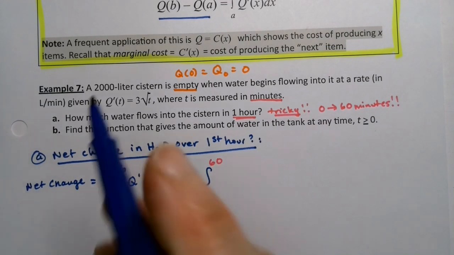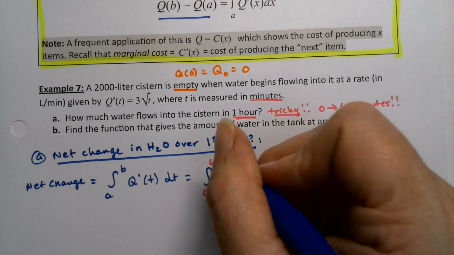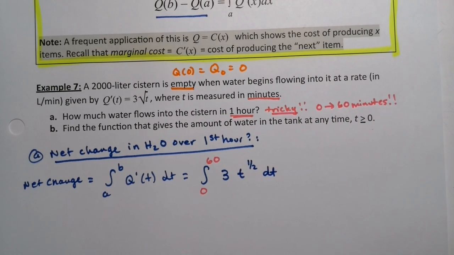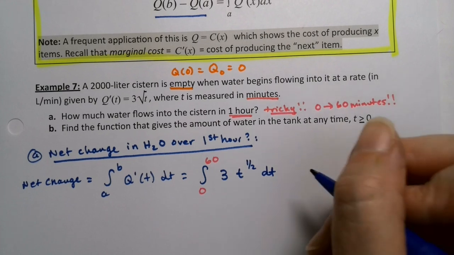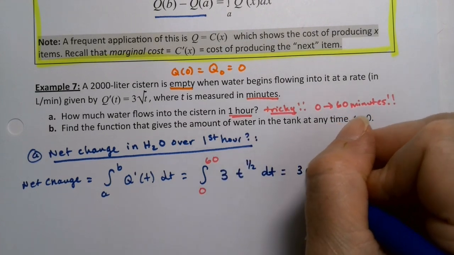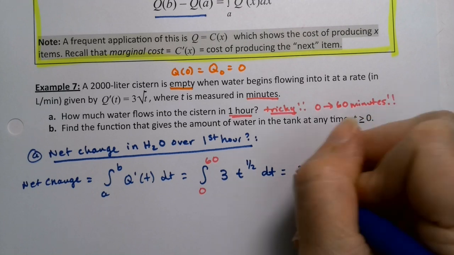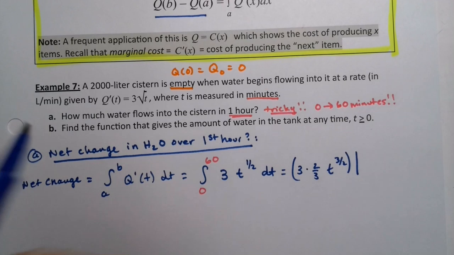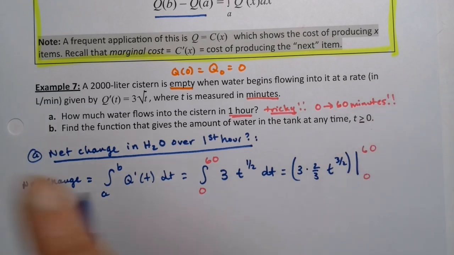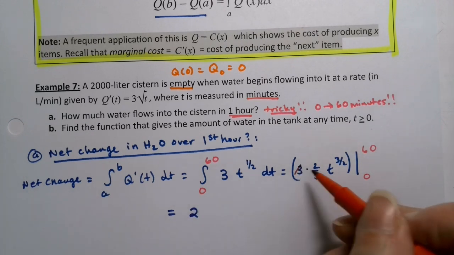And then it's 3 times t to the 1/2 power. I'm not silly enough to write a square root, because I'm going to have to take the integral of this. The integral is 3 times 2/3 t to the 3/2 from 0 to 60, which is equal to 2, because of course the 3's disappear there.